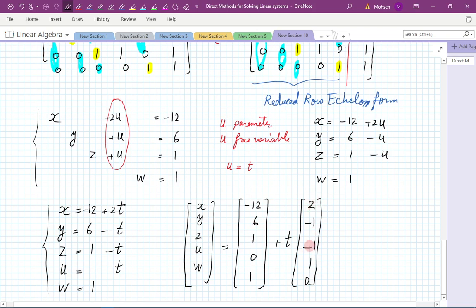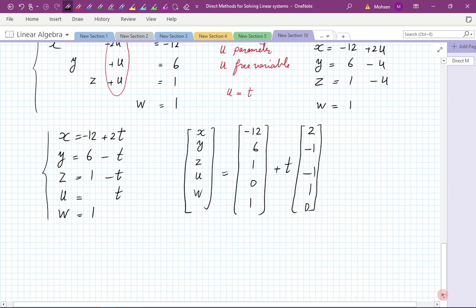So judging from what we have done before, this is the equation of a line in R5, in a 5-dimensional world. In that line, this will be some sort of a starting point, and this one will be our direction vector.